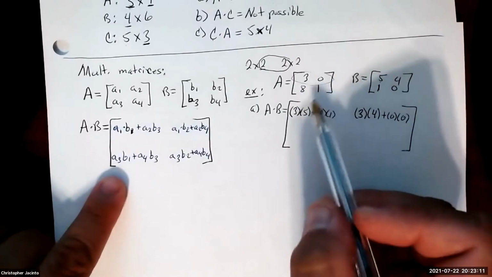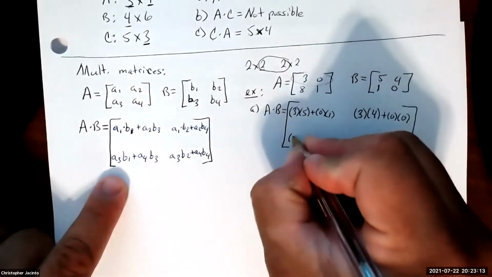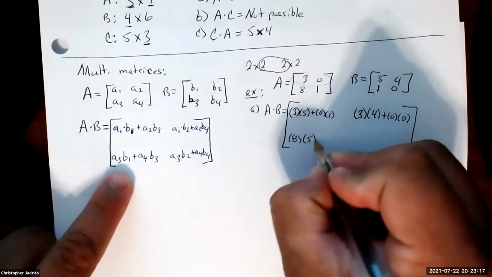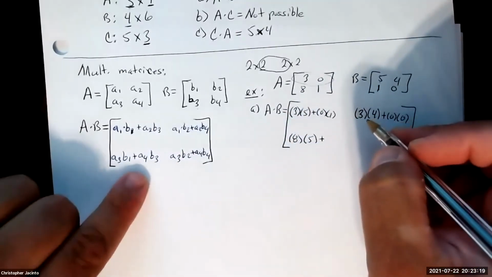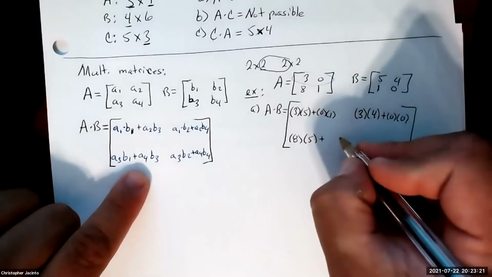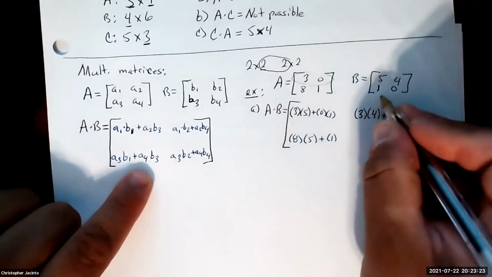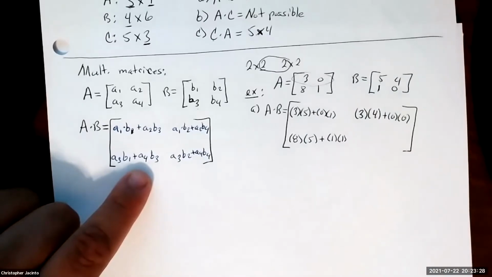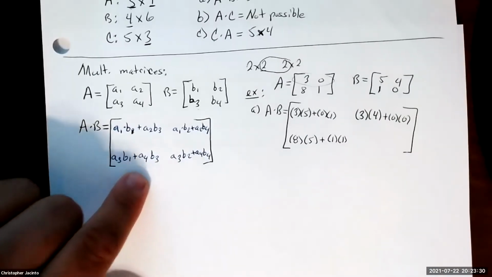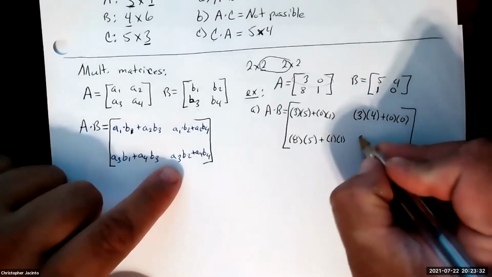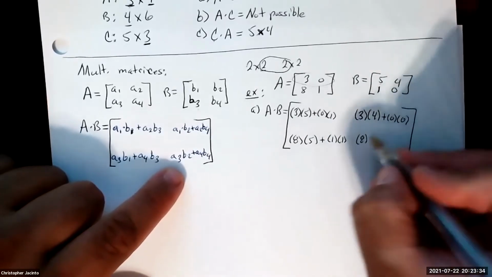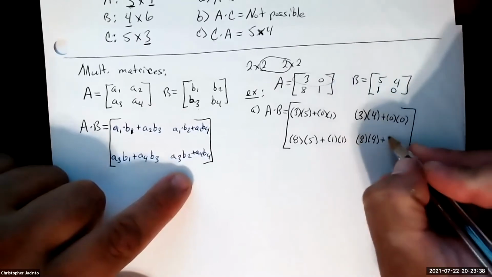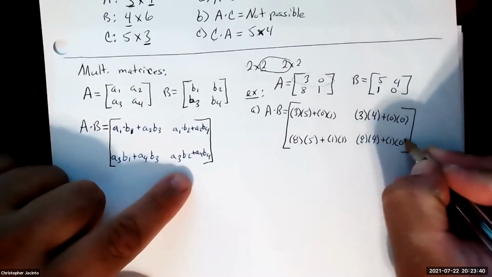So we go down here: A3 times B1 plus A4 times B3, which is also 1. And then the last one, so 8 times 4 plus 1 times 0.